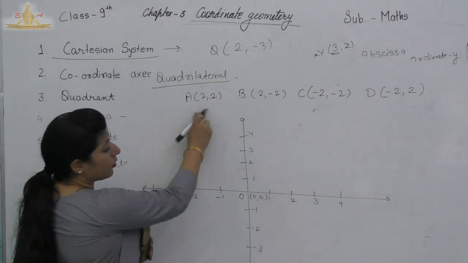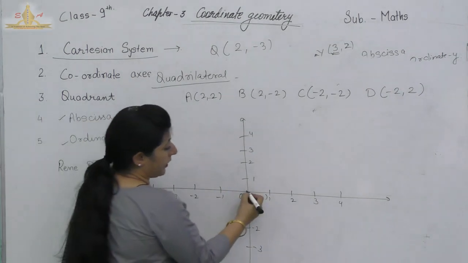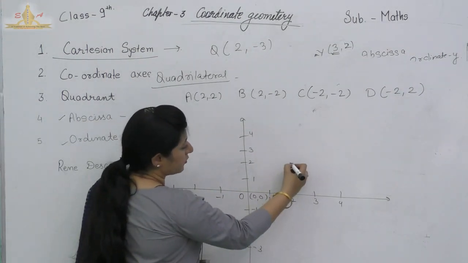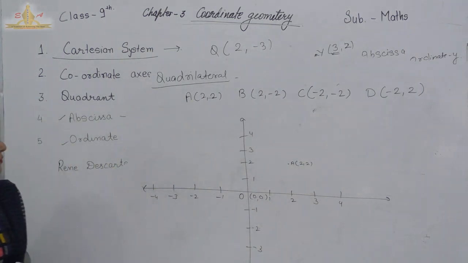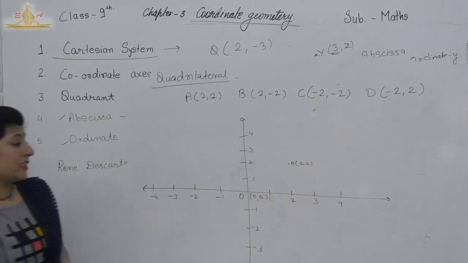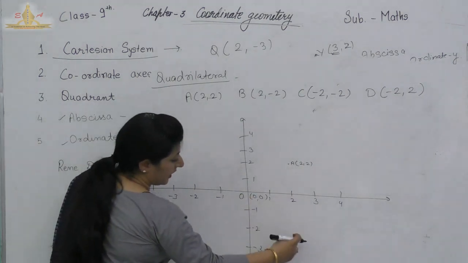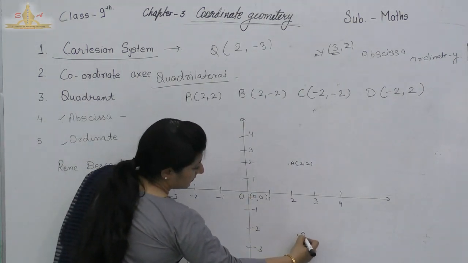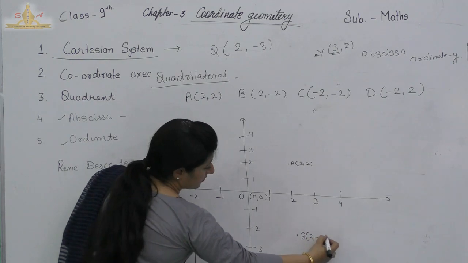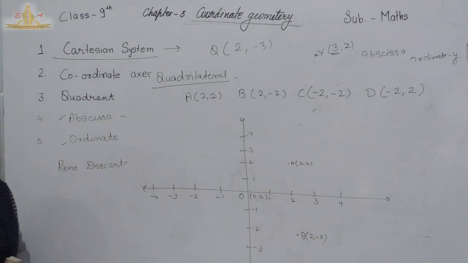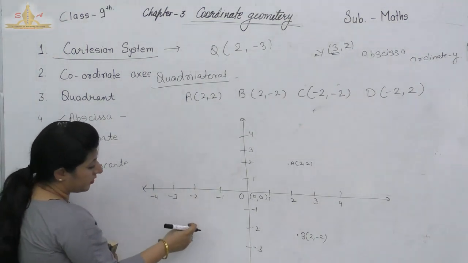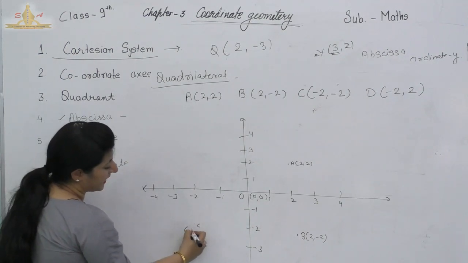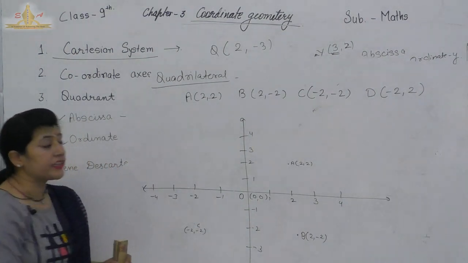A 2, 2. On the x-axis 2, on the y-axis 2, it means this point is A 2, 2. B 2, minus 2. Then C minus 2, minus 2, and here also downside, this is both negative, it means it lies in the third quadrant.